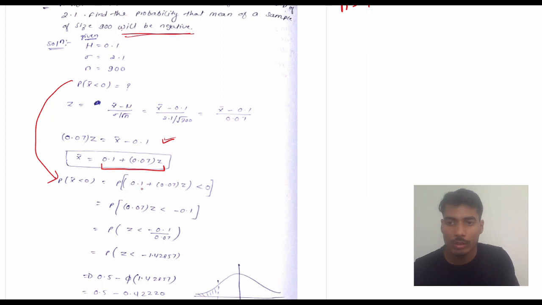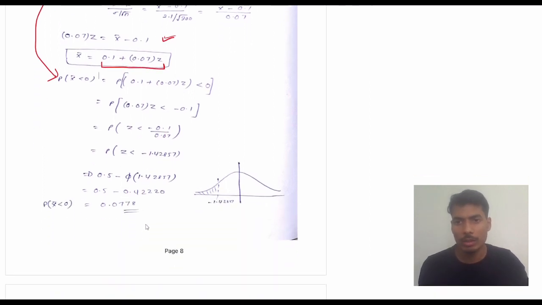Now this 0.1 we take to the other side, so minus 0.1, and z less than, taking 0.07 in the denominator, minus 0.1 by 0.07. After solving this, we get the probability of z less than minus 1.42857.